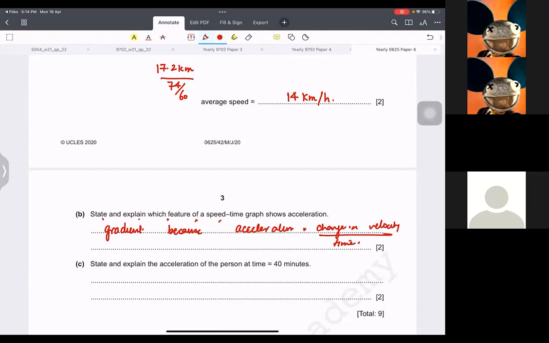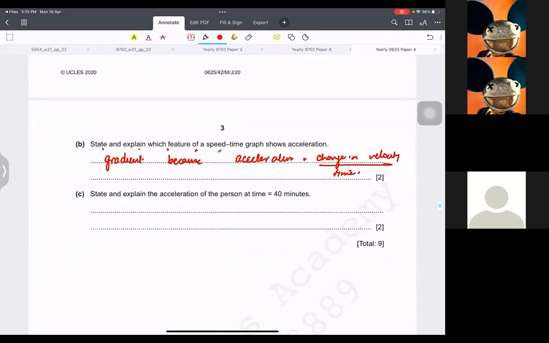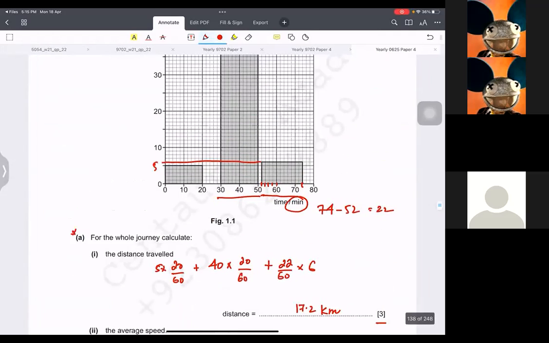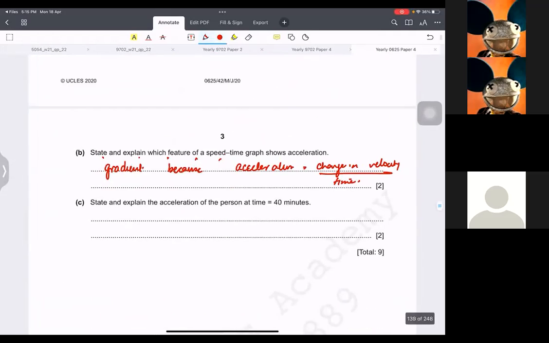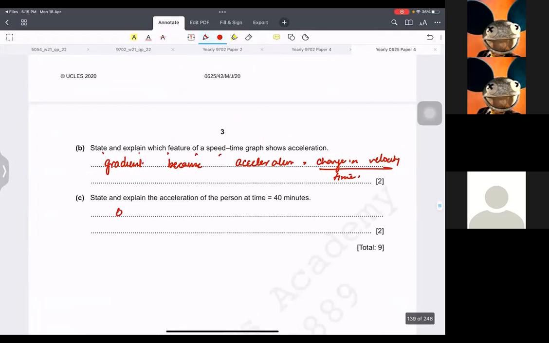All right, is it clear? State and explain the acceleration of the person in the first 40 minutes. They're all flat lines, horizontal, 0, because all horizontal lines mean 0 gradient. All right, questions please.